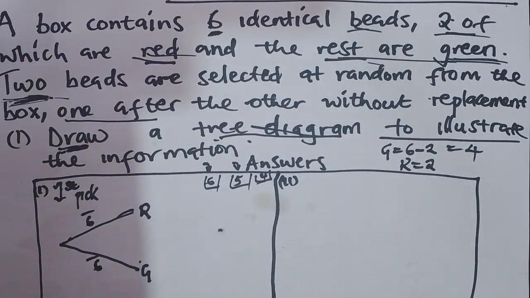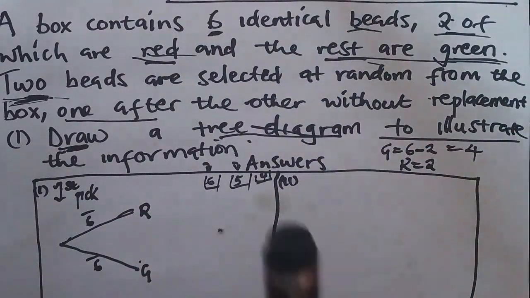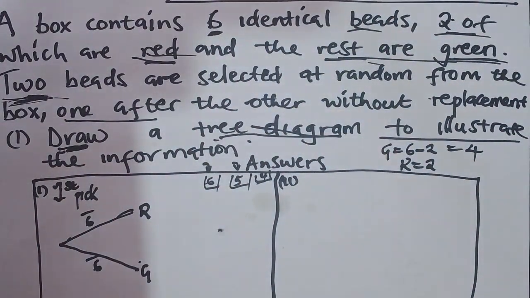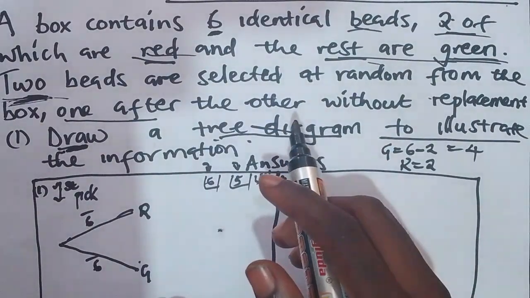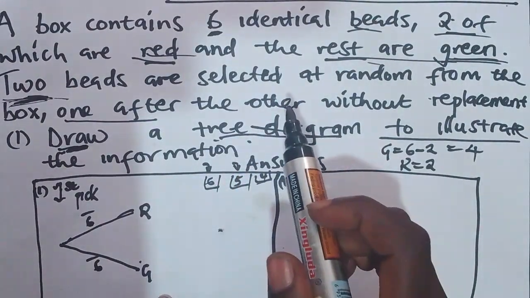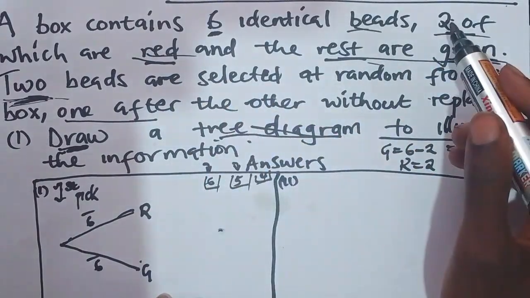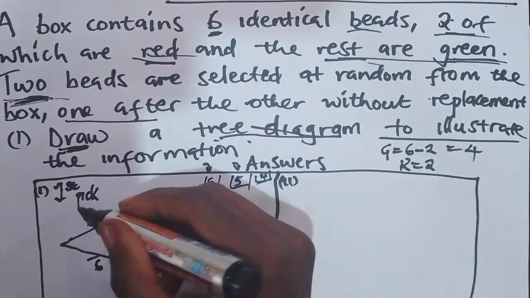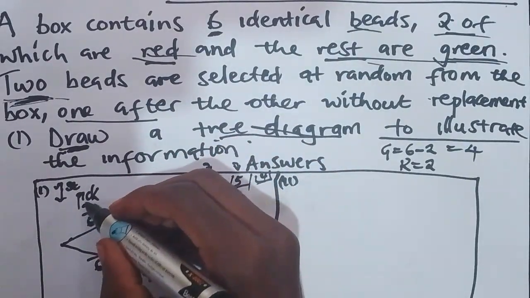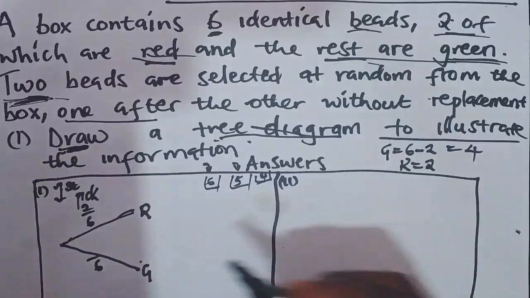Now what will be the number on top? It will be how many marbles are in the first pick. In the first pick, red was 2, so you say 2 out of 6.